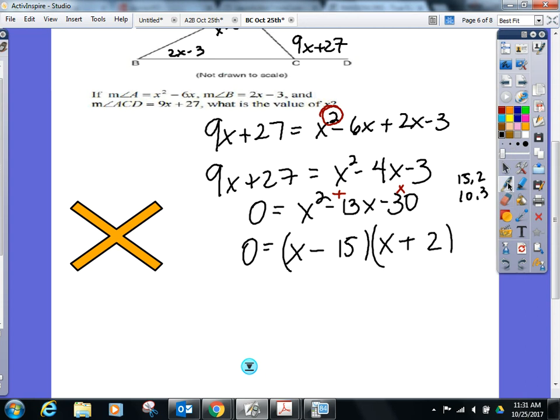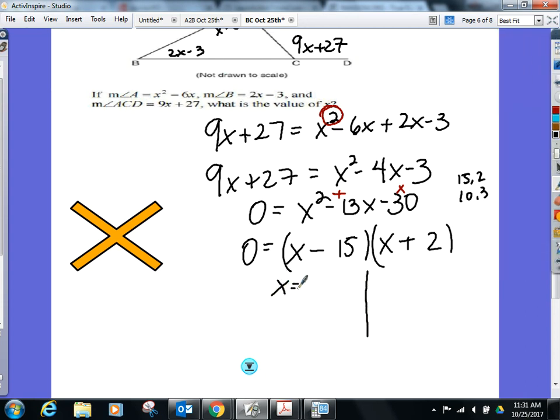All right, still, can we get a final answer now? I have two answers. X equals negative 2 over here, and x equals positive 15. Are we okay on how we got that?